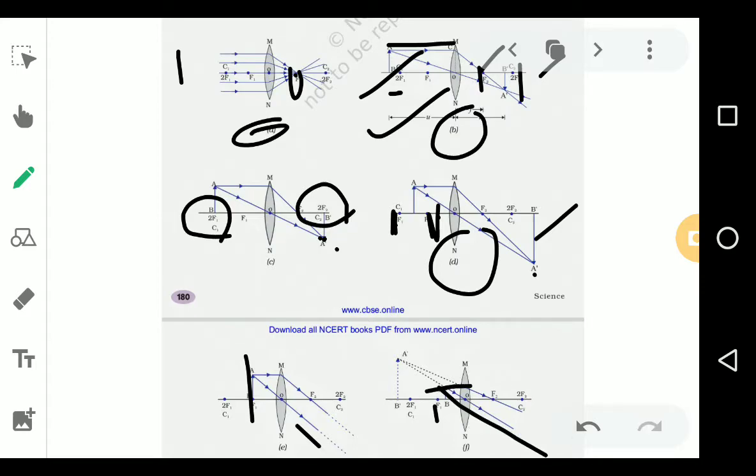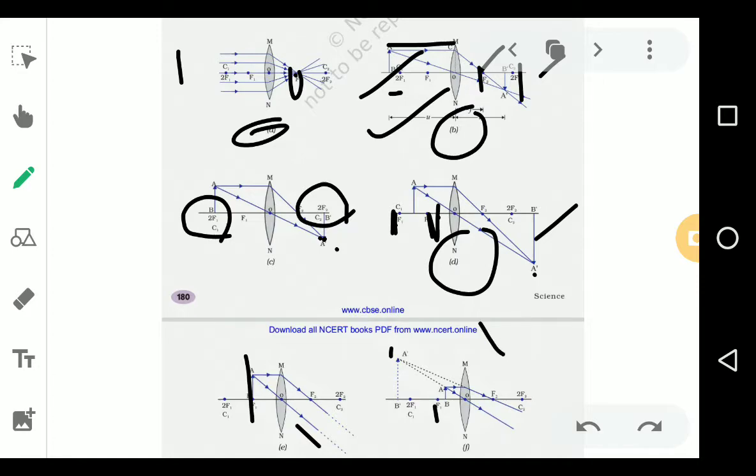The parallelly coming incident ray will get refracted and it will be passing through the focus. And when they are extended beyond this, they are supposed to meet at this point. The imaginary lines are meeting at this point.